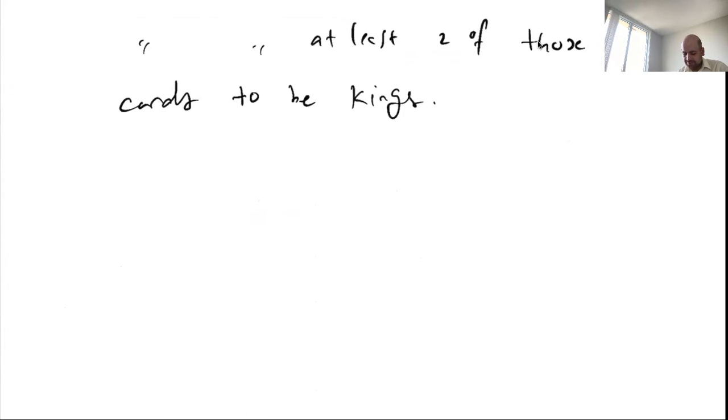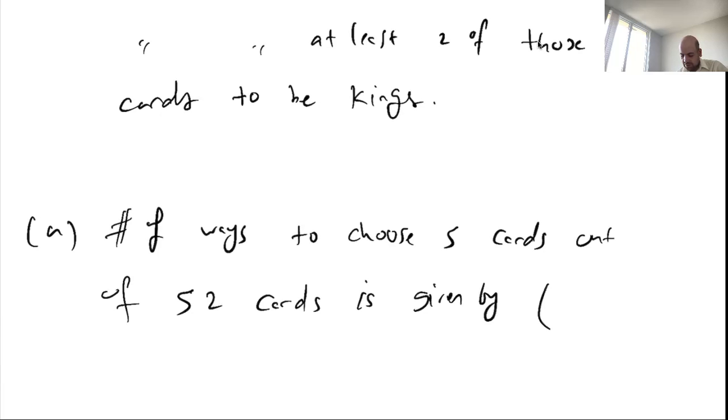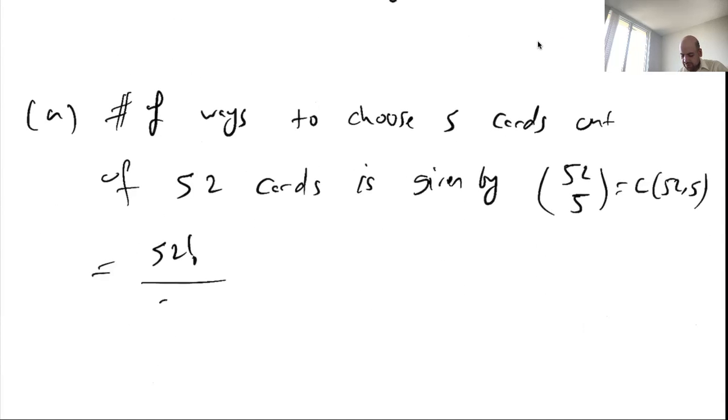So for part A, the number of ways to choose 5 cards out of 52 cards is given by 52 choose 5, or C(52, 5), which can also be written as 52 factorial divided by 5 factorial times 47 factorial.